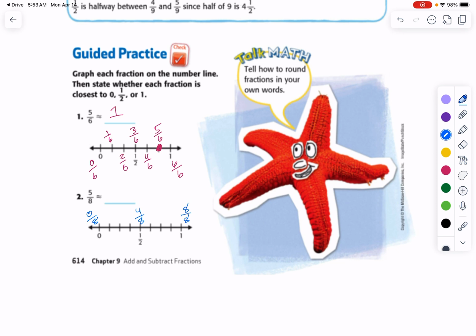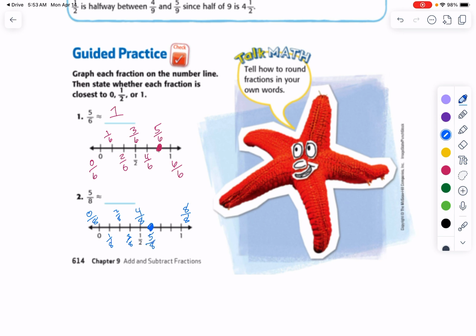Okay, so let's graph 5 eighths. Here we have 1 eighth, 2 eighths, 3 eighths. And by the way, if you're feeling comfortable with graphing these fractions, do you need to write in every single one? No, that's unnecessary. Okay, 4 eighths, and then this would be 5. Oh, that's our fraction, 5 eighths.